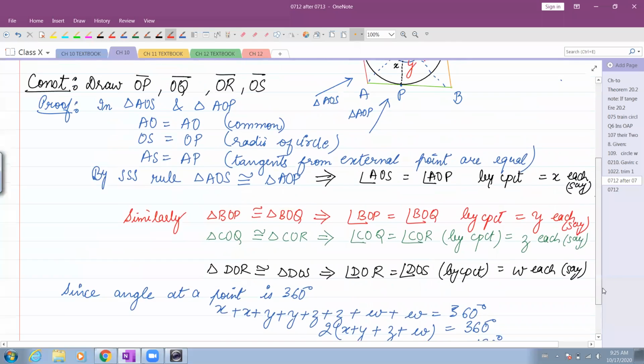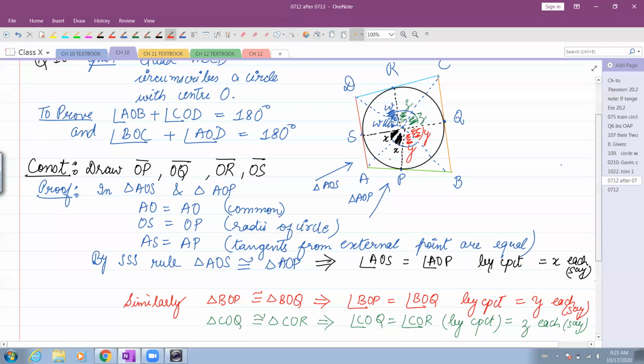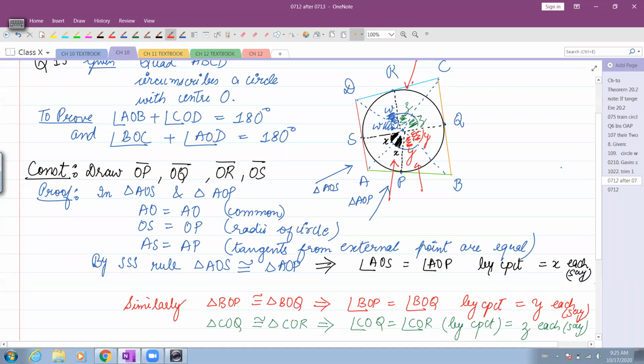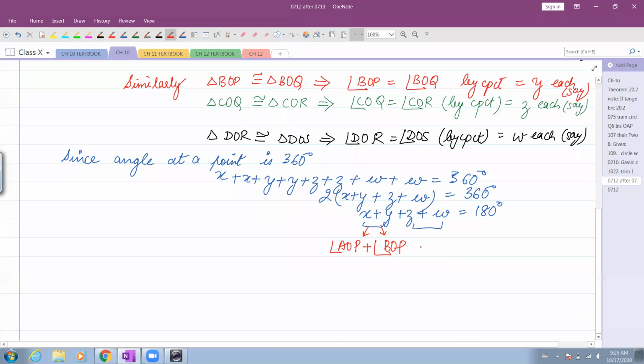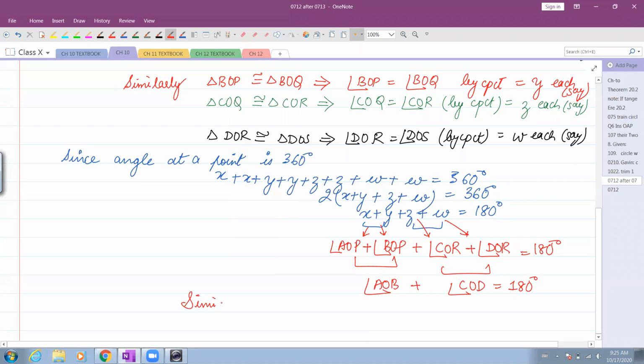And for z and w, I'm going to the opposite side. I've taken this one and this one, I'll go other side and I'll take these two, COR and DOR. And these two form angle AOB plus these two form angle COD. This sum is 180 degrees. And you can write down similarly, the sum of other two angles will be equal to 180 degrees.